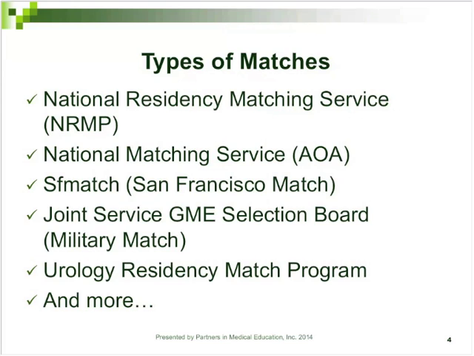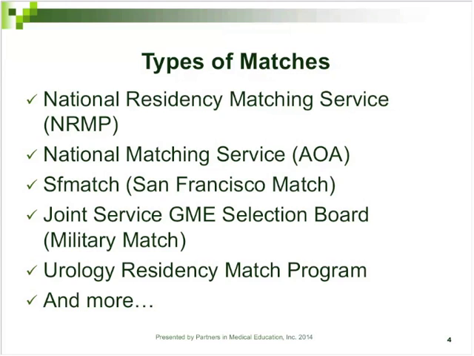The San Francisco match is a specialty match that is used for ophthalmology and plastic surgery residencies, as well as a host of fellowships. For those programs that are military-based, there is a specific matching program commonly known as the military match. This program specializes in matching positions within and for the military.